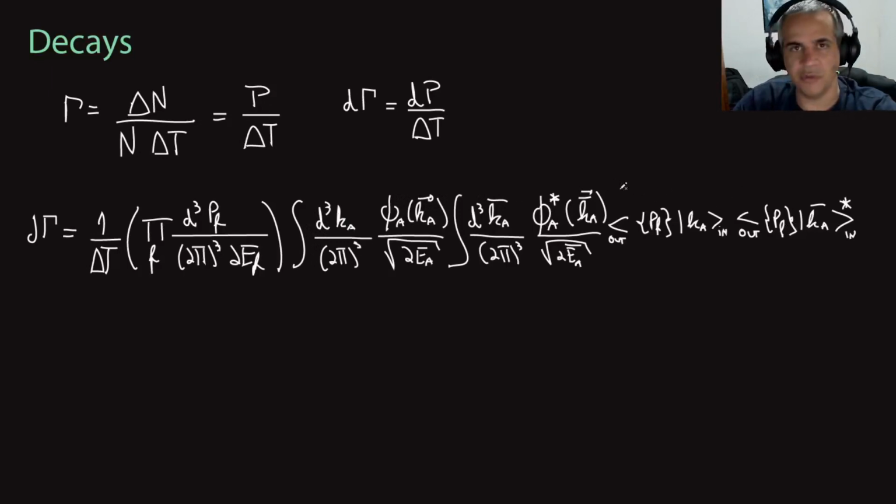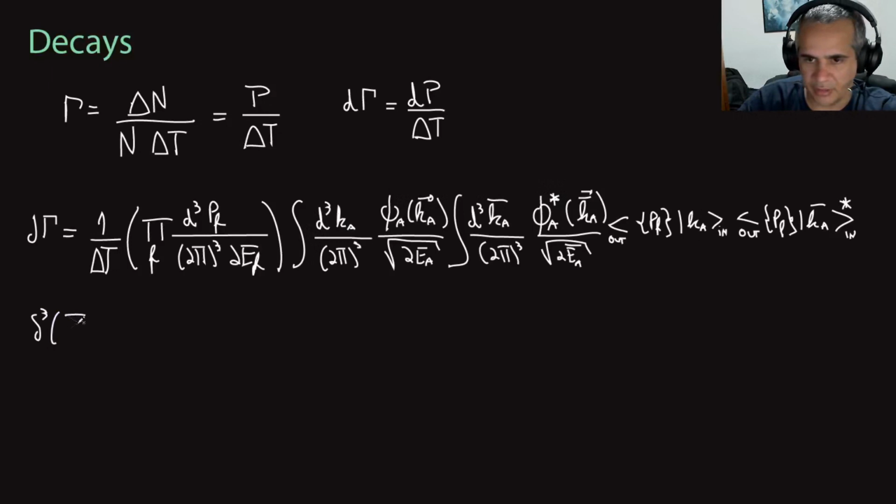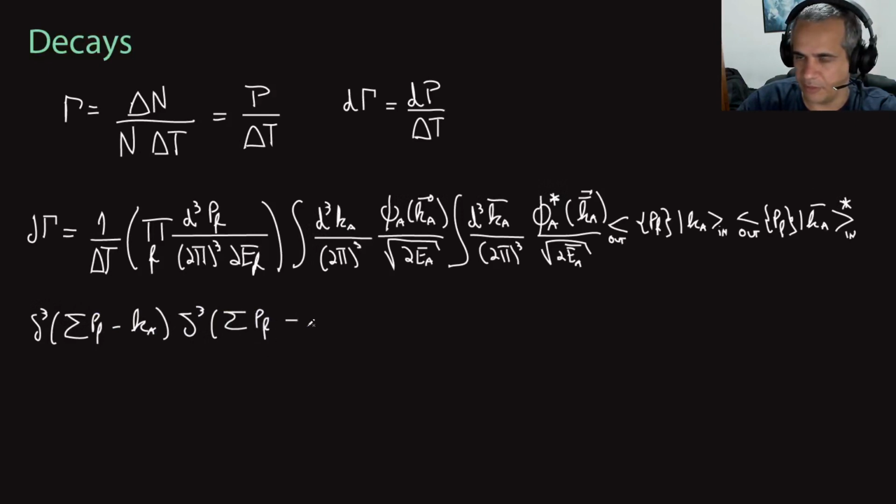Notice also there's no impact parameter here, right? There's no sense in keeping a free phase here now that I have only one φ, right? So in terms of deltas, what do I have there? I have a δ³, for instance. Out of here, I can pick up a δ³ of sum of PF minus Ka, and out of here, I can pick up a δ³ of sum of the final momentum minus Ka bar, right?